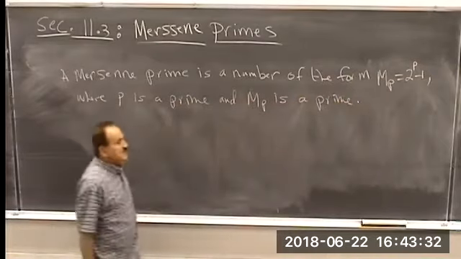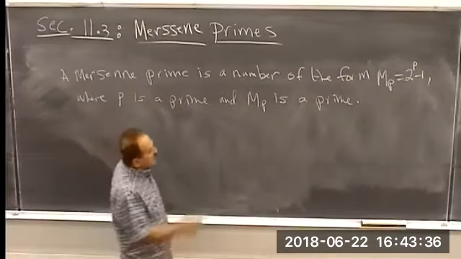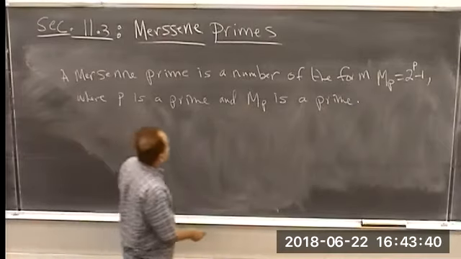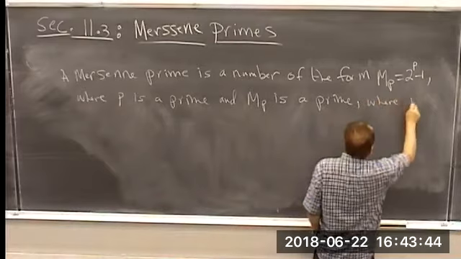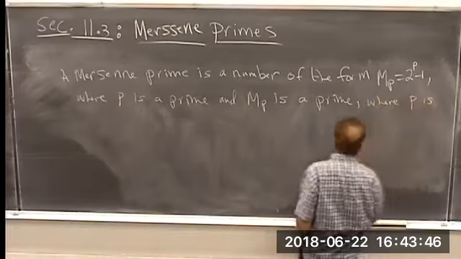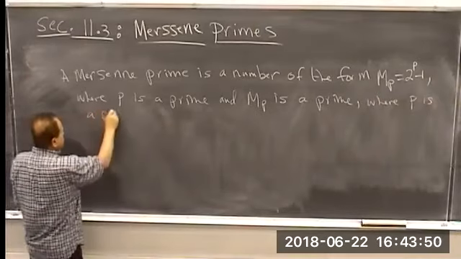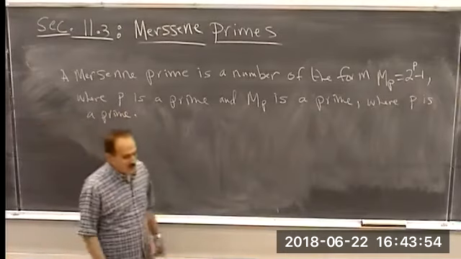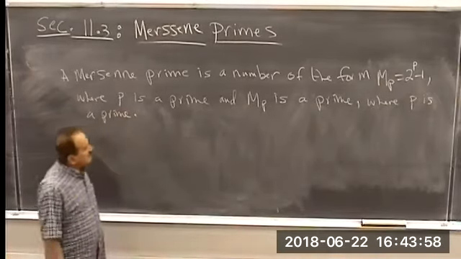In other words, there are two conditions that need to be satisfied: p is a prime, and M sub p is a prime. All right, so this is the type of number that we're going to be interested in.